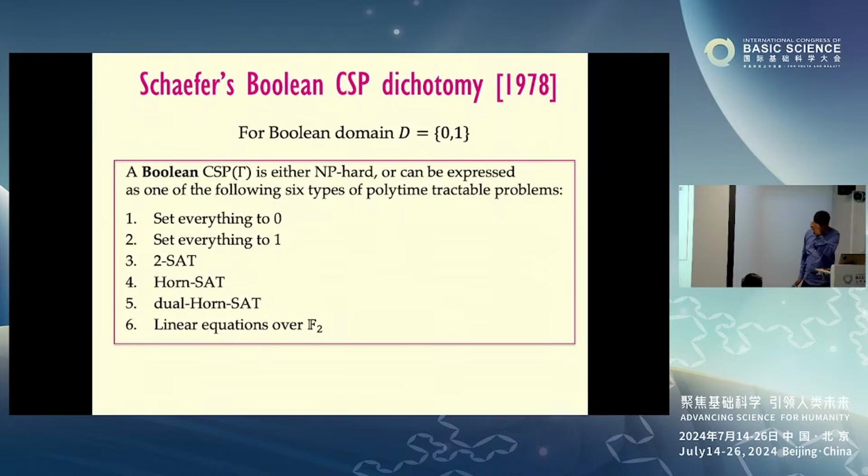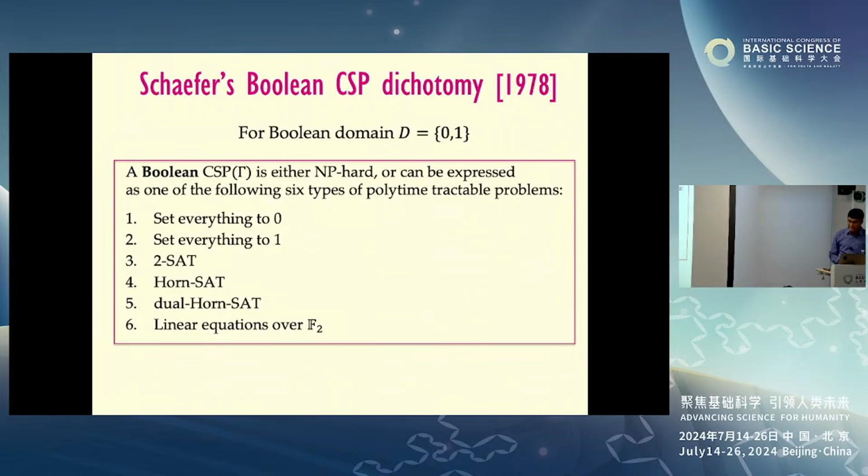And there was good reason to conjecture this. One of which is that already for the case when the domain was 0, 1, this was long known. In '78, Schaefer showed that if I take a Boolean problem, essentially the only easy cases are 2 sat, Horn sat and its dual, and linear equations, and some simple cases when you can set everything to 0 or 1, and everything else is NP hard.